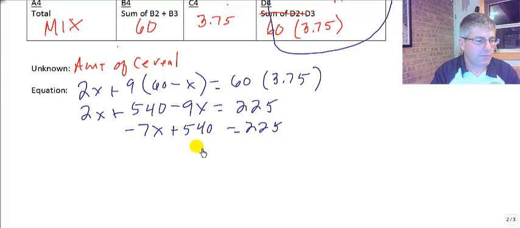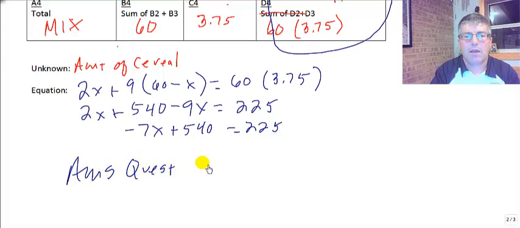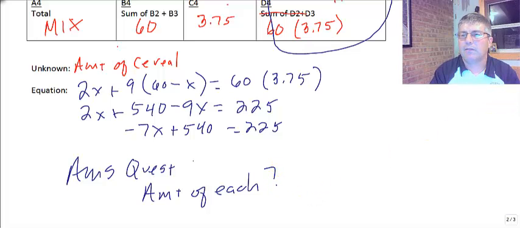And simplifying this, I don't have my notes with me. You know what? I will let you finish this up and make sure you answer the question, which is, I want to know the amount of each. And you can bring that to me in class.